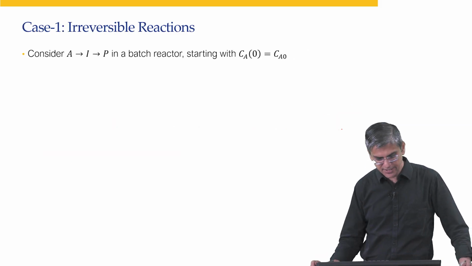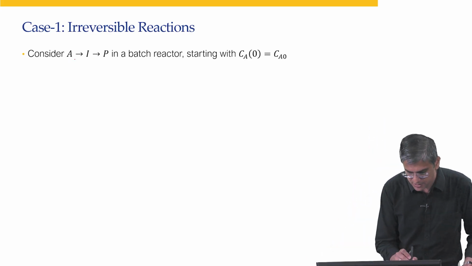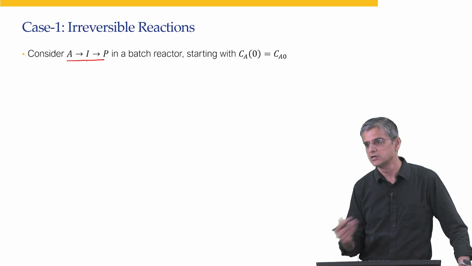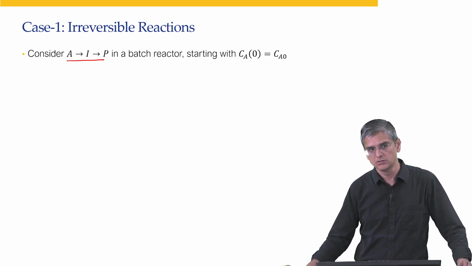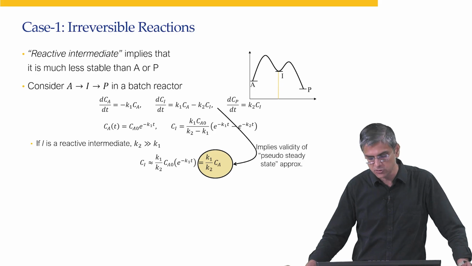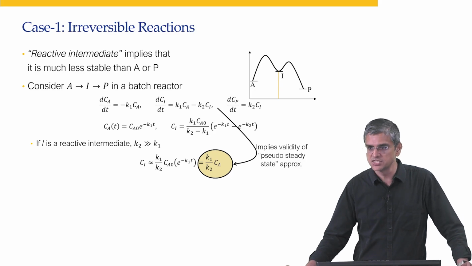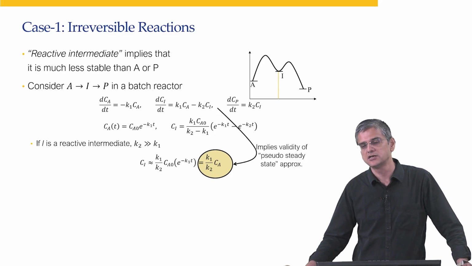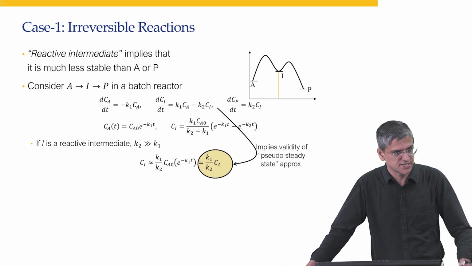In the next class, you remember this reaction that we solved before the first tutorial, the math tutorial. We have talked about how to do the full solution, and the final answers we have given over here. How we will use this in order to understand the concept of pseudo steady state is what I will start off in the next lecture.